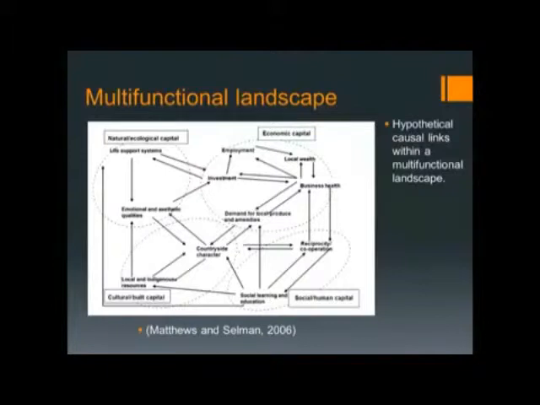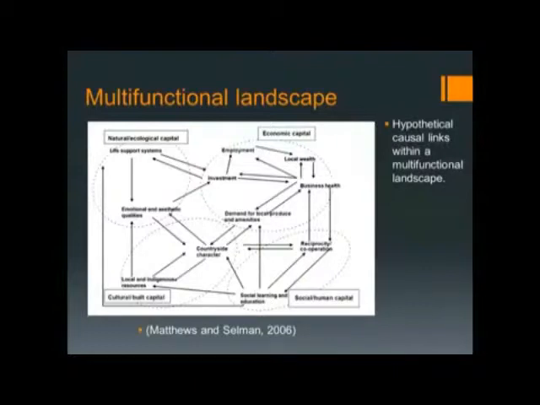These are just hypothetical, but you can see how if you fulfill the natural sphere and the economic sphere, they're all linked to the social sphere, and that serves to embed communities in many ways. And that in turn enables communities to more effectively manage and monitor the natural resources and avoid a tragedy of the commons.